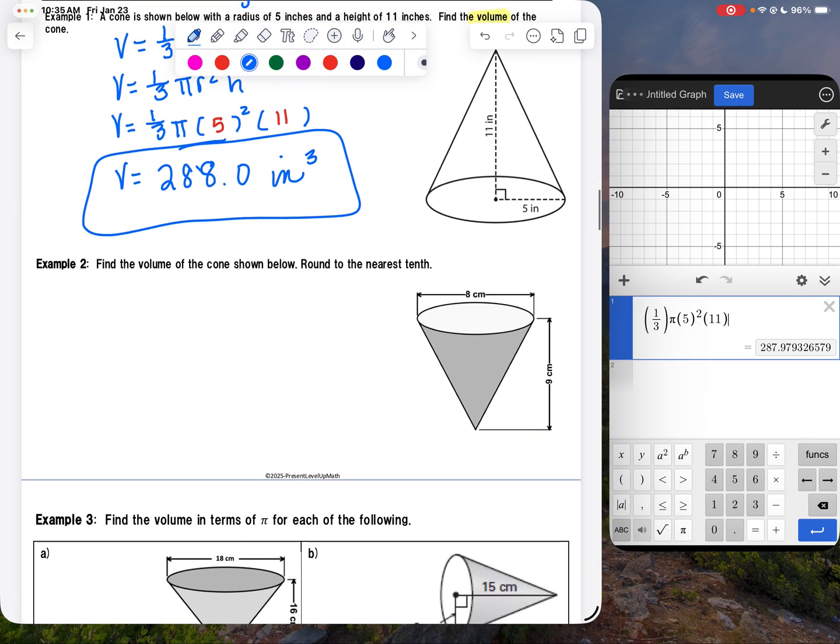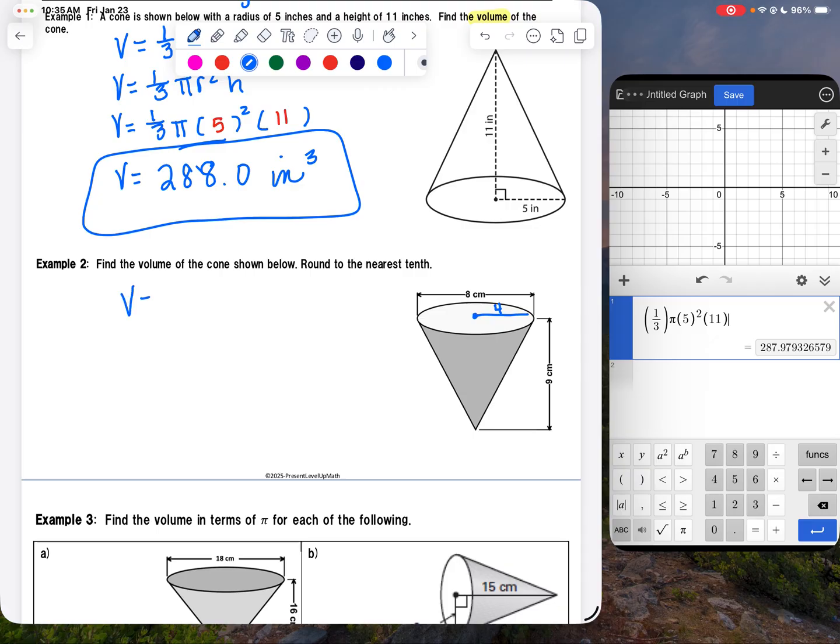In example 2, it says find the volume of the cone shown below. Round to the nearest tenth. Now, in this problem, notice that they did not give us the radius. They gave us the diameter. So what I want to do is be sure to label the radius so that we don't accidentally use the diameter when we're using our formula.